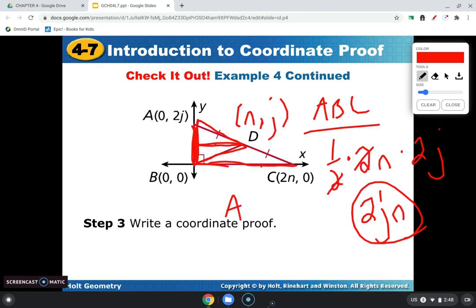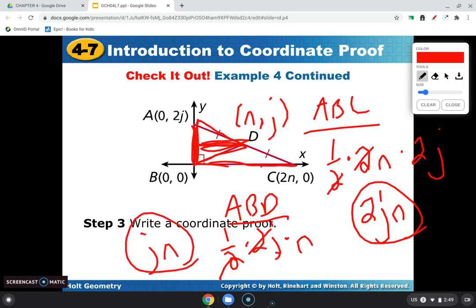So to find the area of ABD, we take half times the base, which would be 2j, times the height. How far would it be there to there? It would be n. The 2's cancel out, and it leaves you with j times n. So that's jn. ABC is 2jn. We just used a coordinate proof to show that ABC was double ABD, or ABD is half ABC.